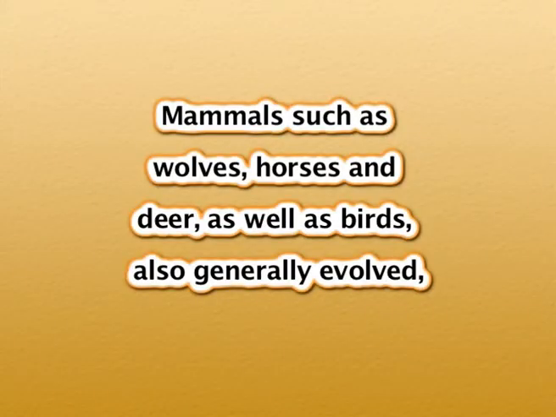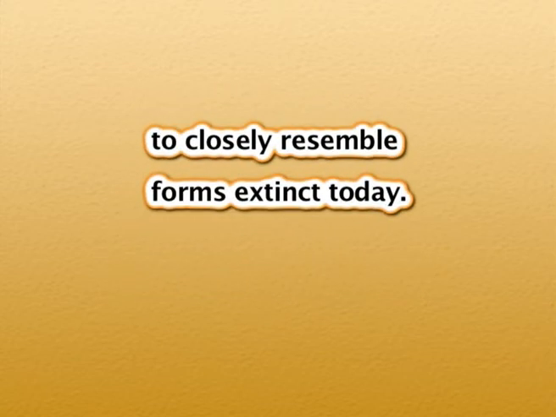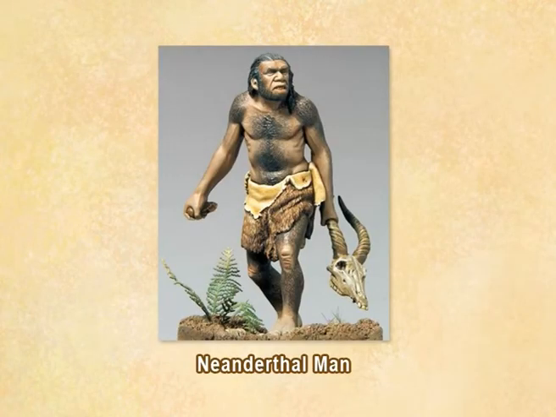The expansion of grasslands occurred as forests declined in the cooler and drier climates. Mammals such as wolves, horses, and deer, as well as birds, also generally evolved to closely resemble forms extant today. First man-like apes appeared.